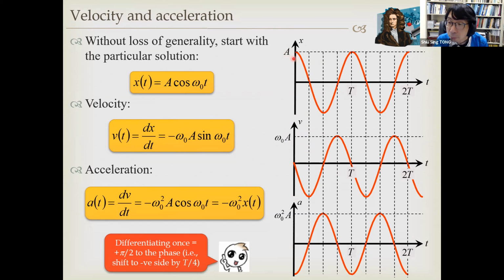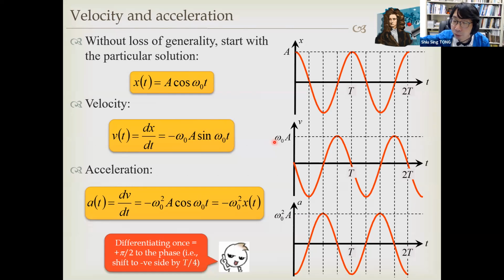The maximum value of the displacement is of course the amplitude A, but the amplitude for the velocity is omega naught A. Okay, and the amplitude of the acceleration is omega naught squared A. Okay, is that clear? A is the maximum displacement, which we call the amplitude.